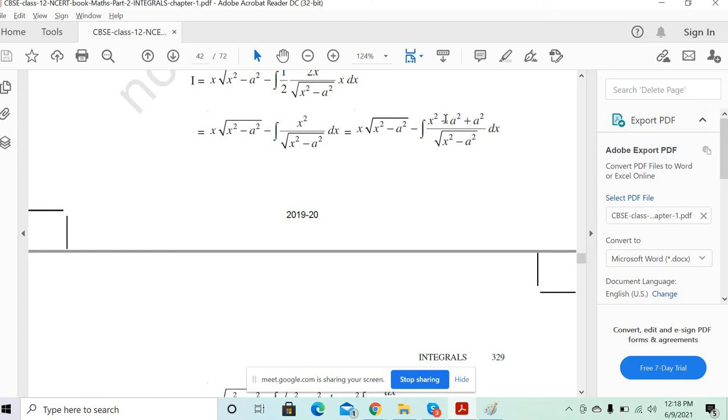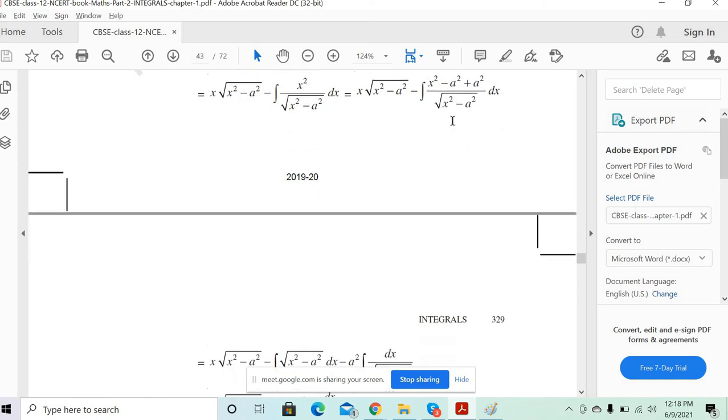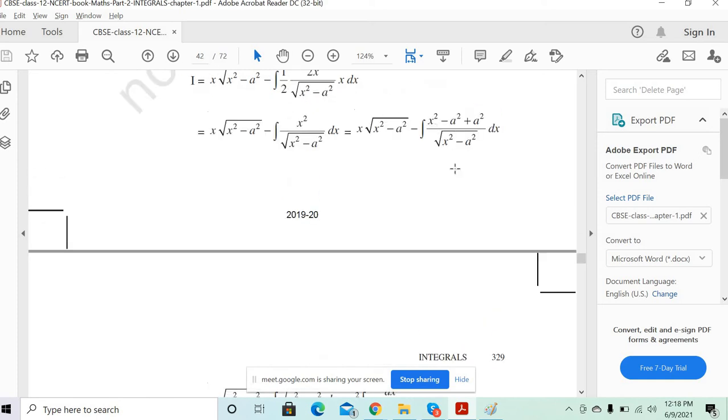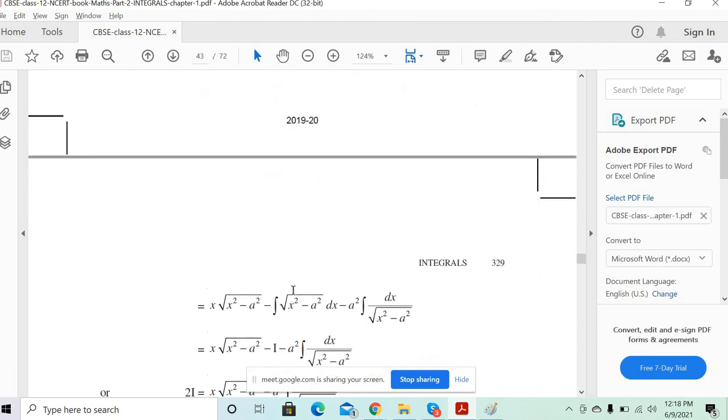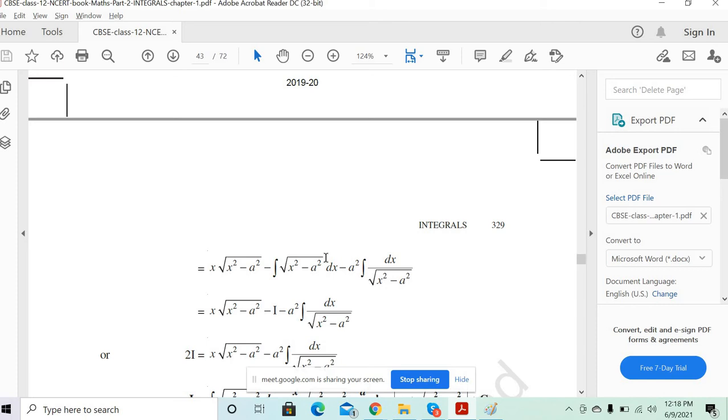Sorry, x square minus a square, when you separate it out, because the numerator is x square minus a square and the denominator is the square root of x square minus a square, that will get cancelled, so that you will get root of x square minus a square. Okay, sir. Yeah, just try it out now, no problem. Let's see.